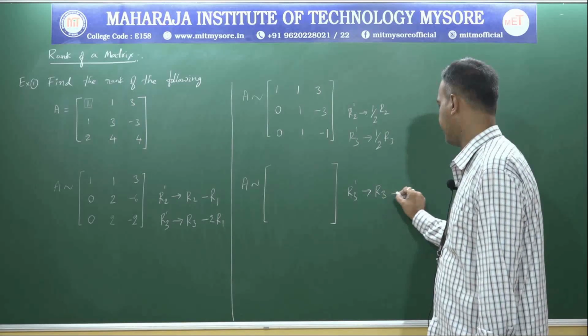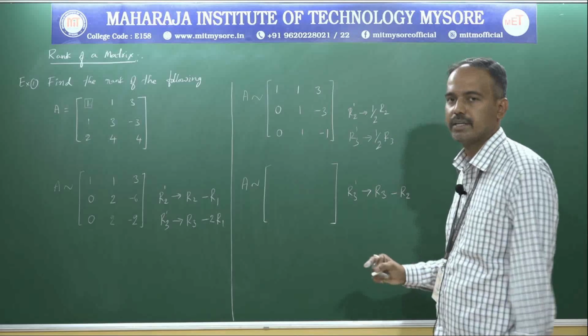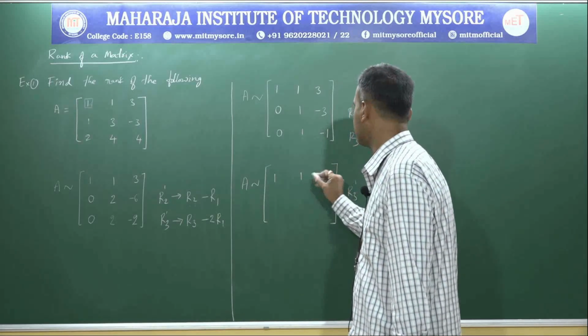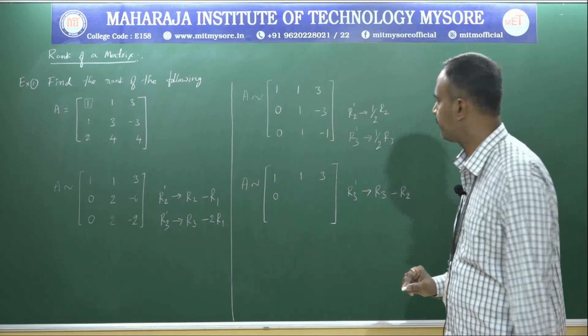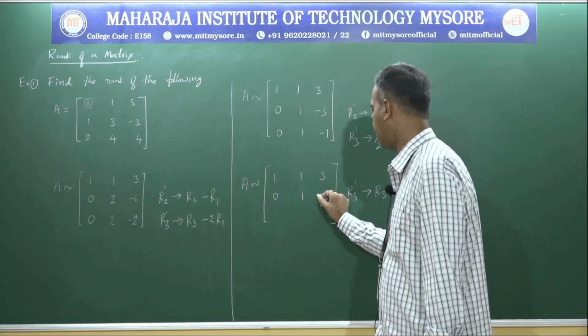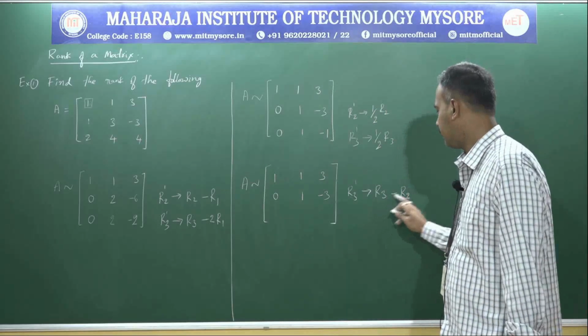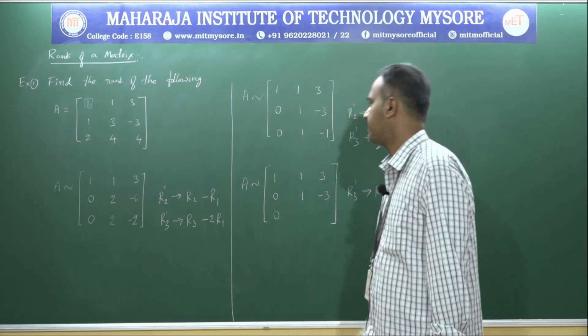R3 minus R2. Using the row 2 element, now we can easily mention it here. Now what about here: the first row element, no changes, right? Next row element, we can denote as 0 1 minus 3, right? Now the next one, R3 minus R2 here. Now 0 minus 0, we can specify 0 here.